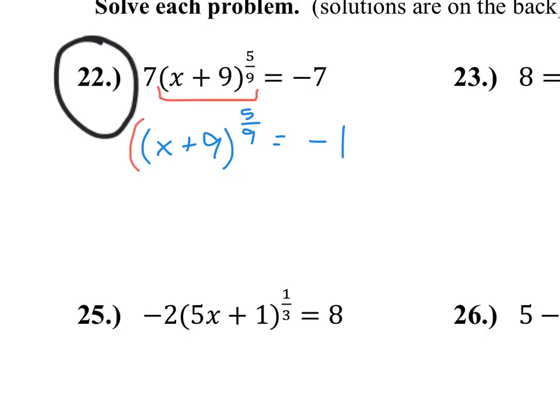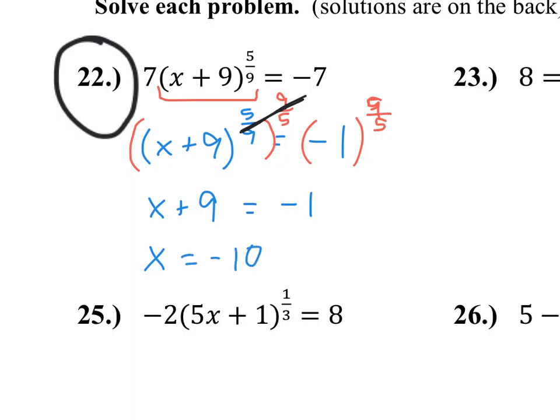And now we want to raise both sides of this equation again to the reciprocal of our exponent. The reciprocal of 5/9 is 9/5. When we do that, 5/9 and 9/5 cancel. Leaves us with x plus 9 on the left and negative 1 to the 9/5 power is still negative 1. And then the last step is subtract 9 from both sides, and x equals negative 10.